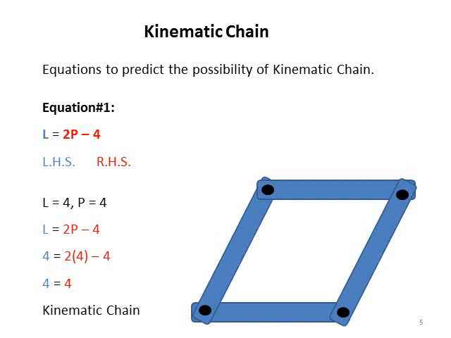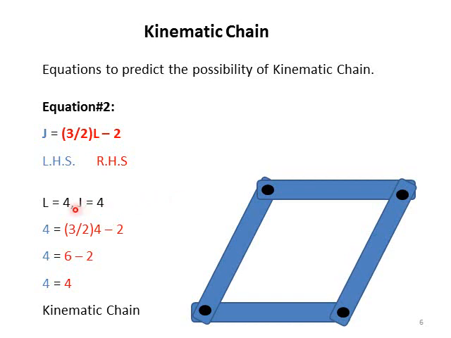So let's see what happens with equation number 2. Can we get similar results as in equation number 1? We have the formula J is equal to 3 by 2 multiplied by L minus 2. We have 4 links, 1, 2, 3, 4, and 4 joints, 1, 2, 3 and 4.